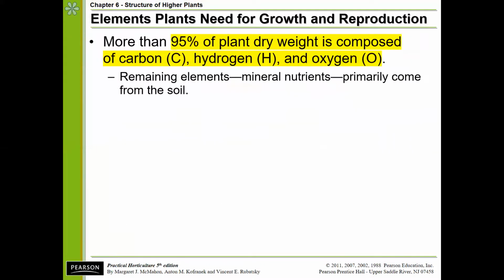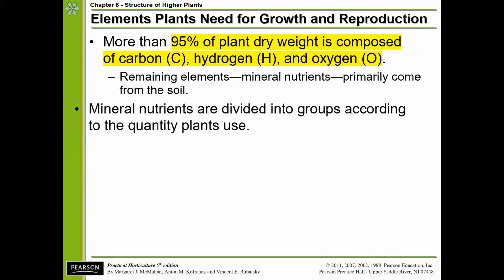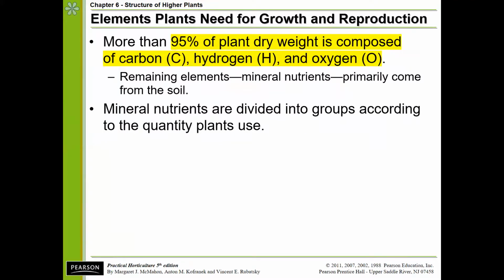I made a mistake here on that last quiz on a matching. So if you saw that, yeah, most of a plant's dry weight is carbon, hydrogen, oxygen, which we're not getting from mineral nutrients, but plants are actually getting from CO2 and from water.